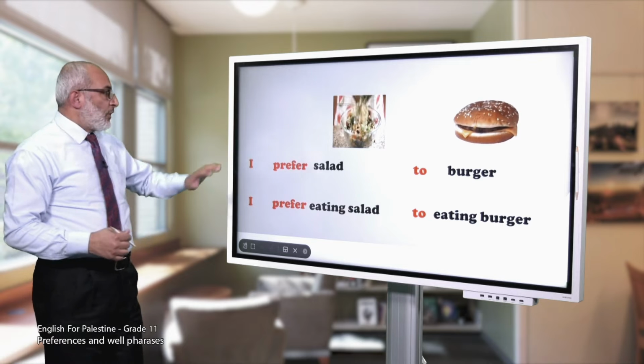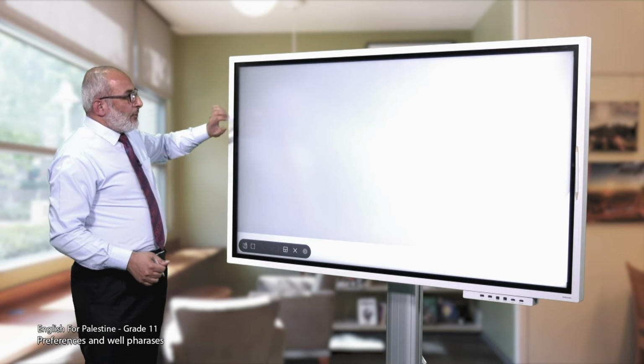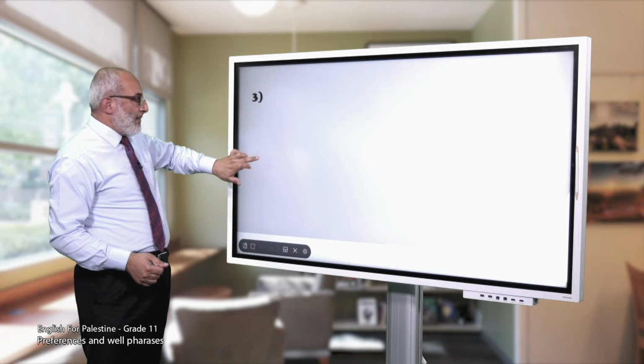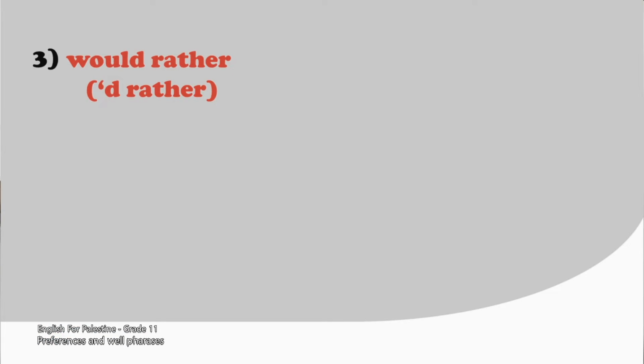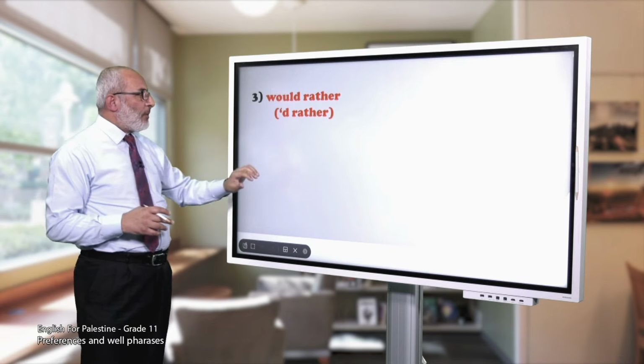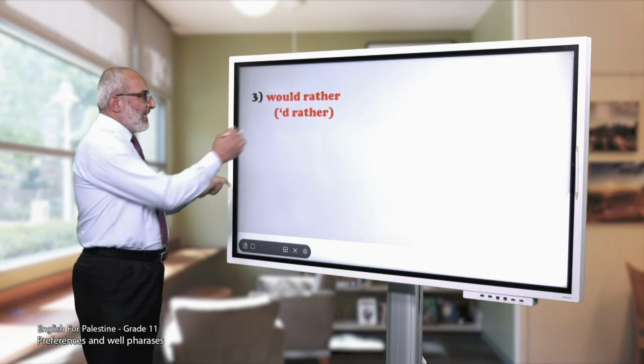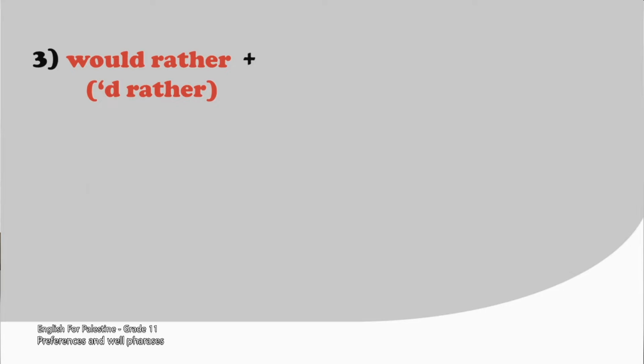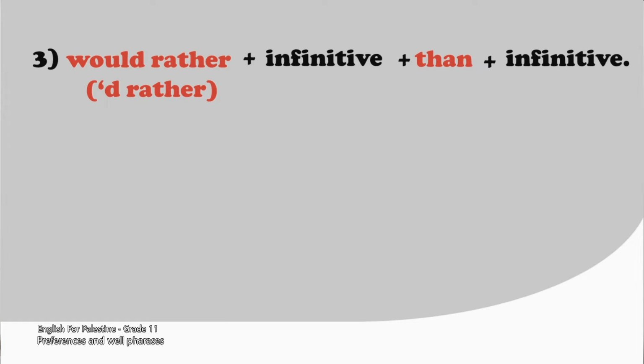Okay? Great. Let's now move to the structure number 3. It's very important. It is would rather, or the short form I'd rather. Would rather or I'd rather. Be careful about the short form. I'd here is the short form of would, plus infinitive form of the verb, plus than, plus infinitive form of the verb.